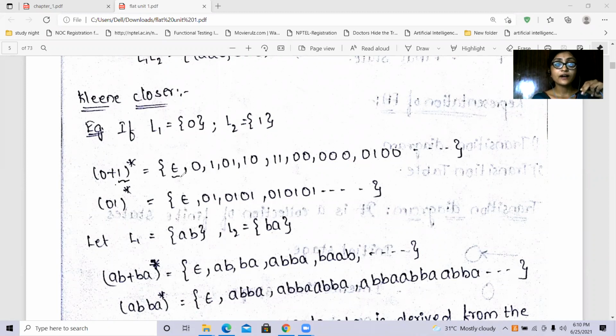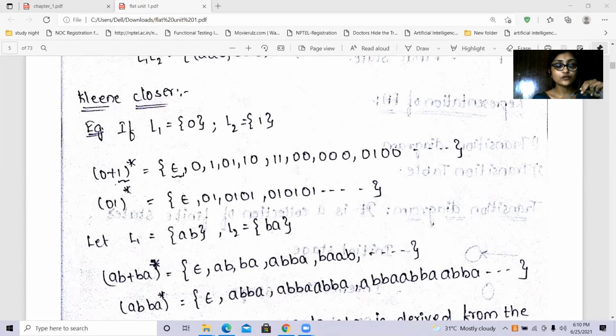Here epsilon means nothing but a string with a length 0. After that we are taking only 0, and after that we are taking 1 only, and after that we are taking both the strings 0 and 1. In this way we can perform the Kleene closure on 0 or 1.